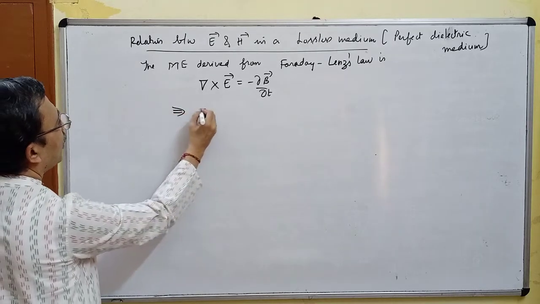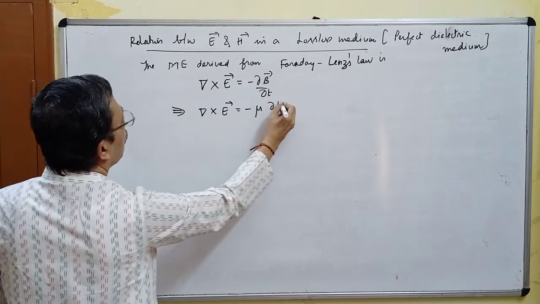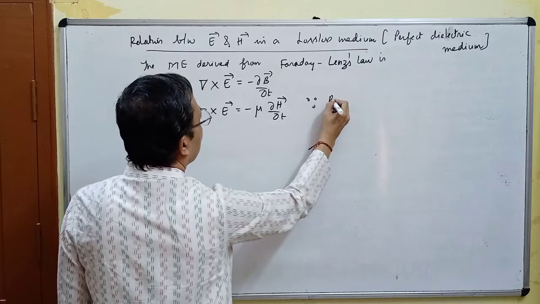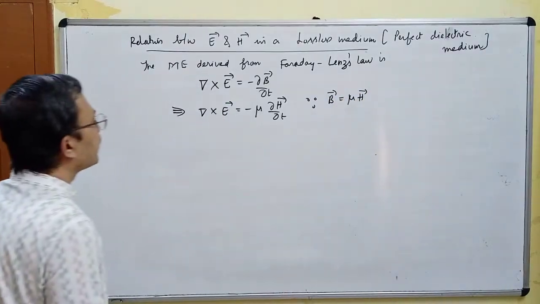This implies del cross vector E is equal to minus mu dou vector H by dou t, because vector B is equal to mu into vector H.